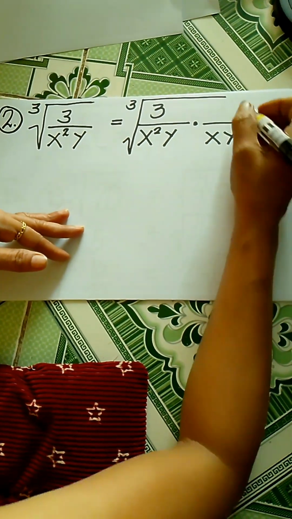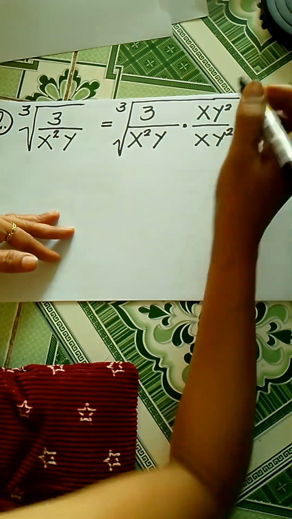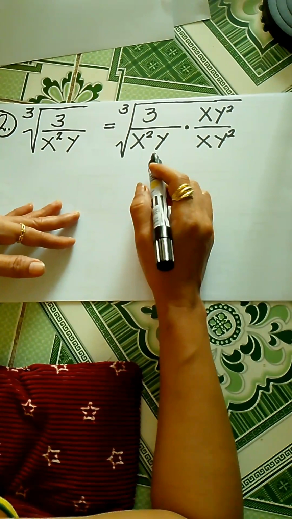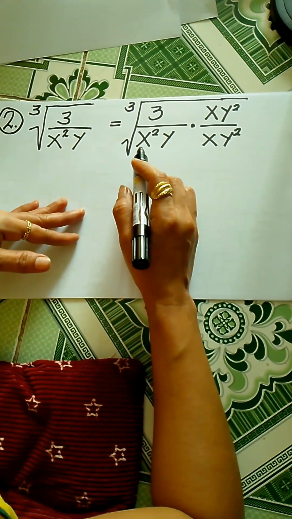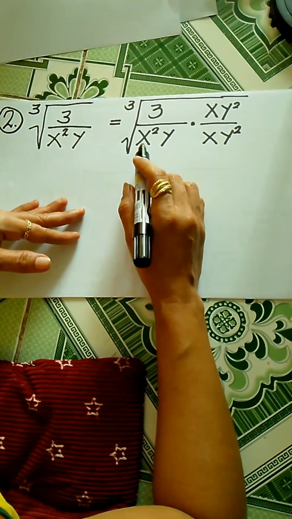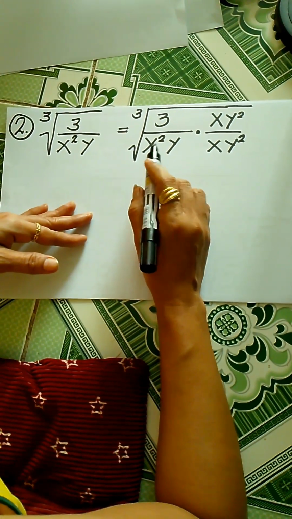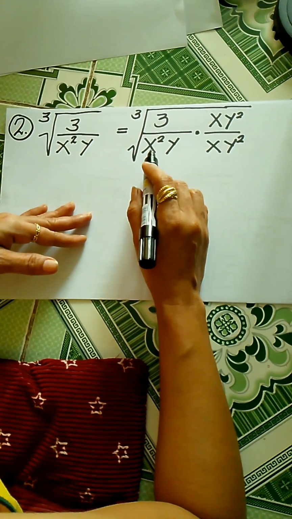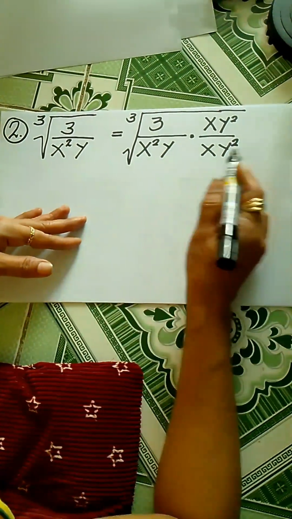So ilang x pa ang kailangan nating i-multiply and y. So since meron na tayong 2, isang x na lang, and may y na tayong 1, kaya y square o dalawang y na lang. So ang minultiply natin ay x, y square, both in numerator and the denominator. But the index is the same ha. Kailangan, wag niyong kalilimutan yung index ay yun pa din, ganun pa din.